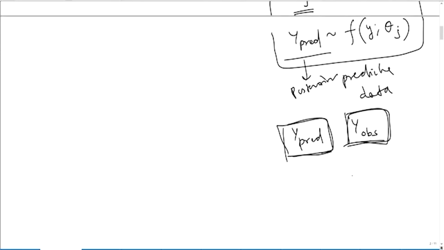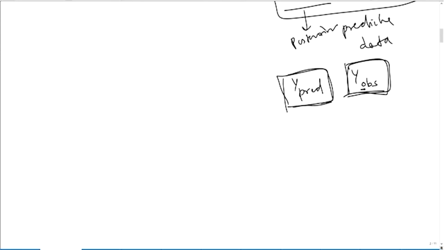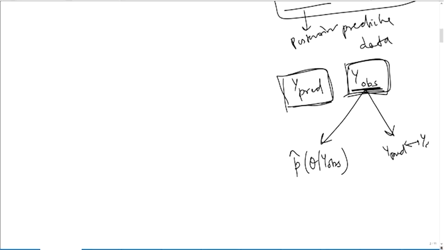The problem is that you used the same data to train your model, which is basically for parameter estimation, to obtain the posterior distribution of theta, and you use the same data to test your model, because then you compare y-pred against y-obs. You are using the same data twice.